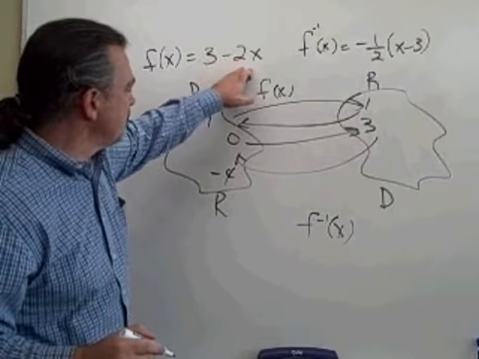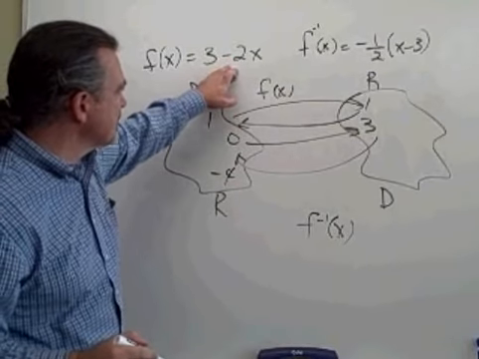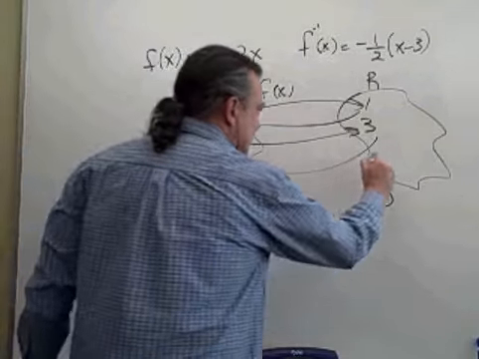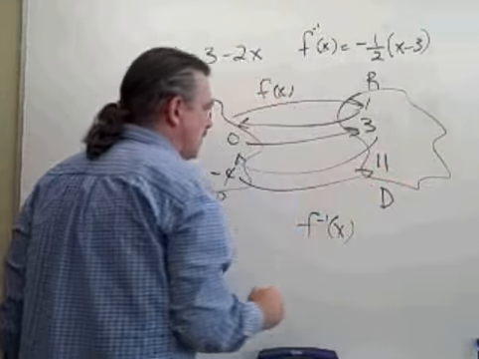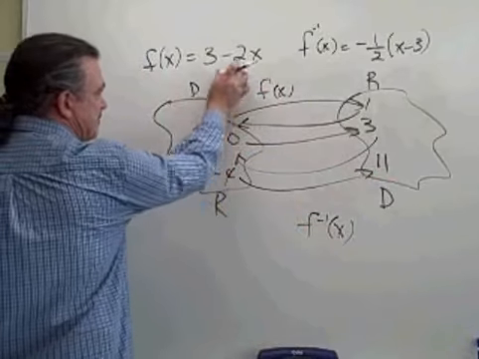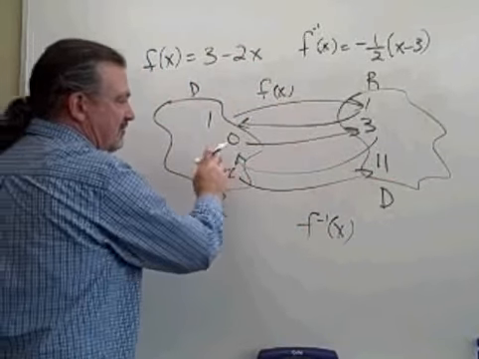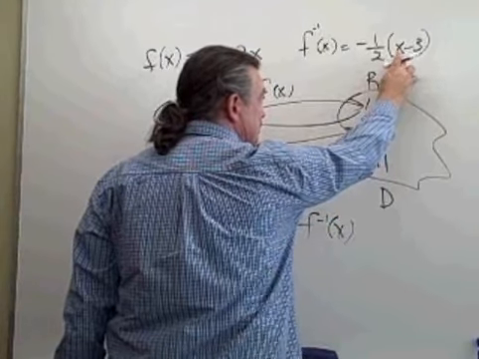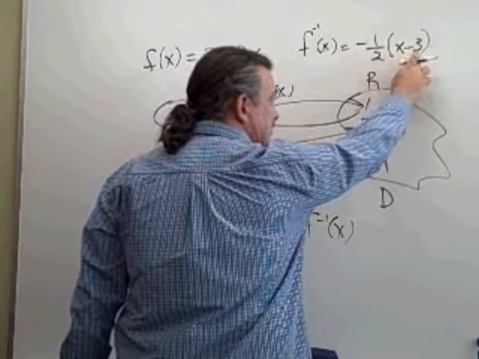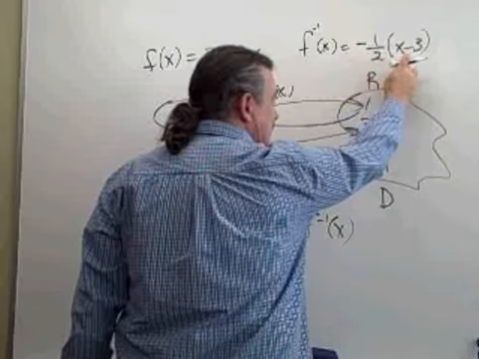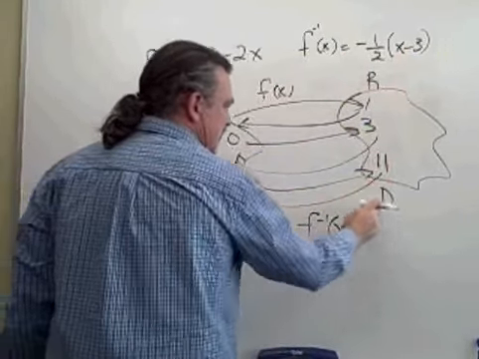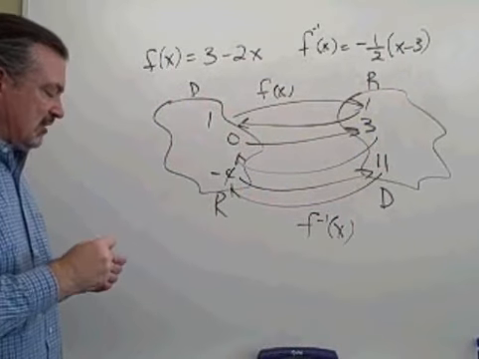So 2 times -4 is -8. 3 minus -8, minus a negative is plus, so 3 plus 8 is 11. So if we let x be -4 in the function f, it maps to 11. Now let's let 11 be the value that we put into the inverse function. 11 minus 3 is 8. -1/2 times 8 is -4. Under the inverse function, 11 maps back to -4.